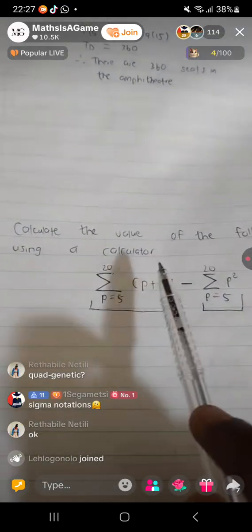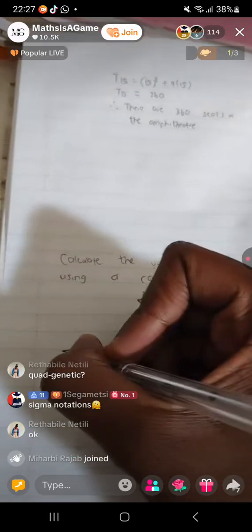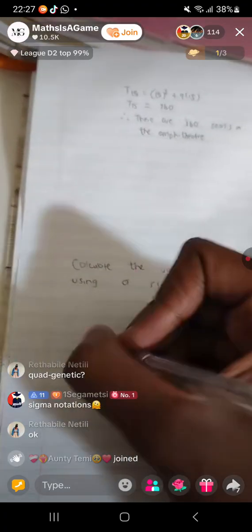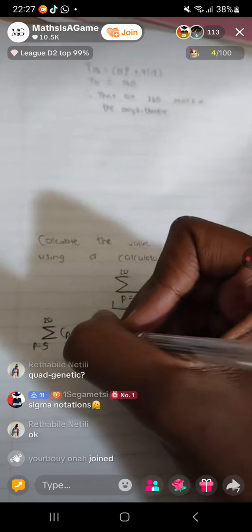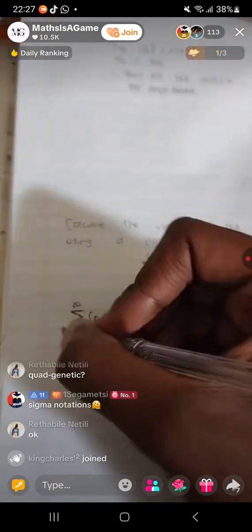All right, so let's first deal with this sigma. As I said, p equals 5 to 20 of (p plus 1) squared. So this indicates where we start.